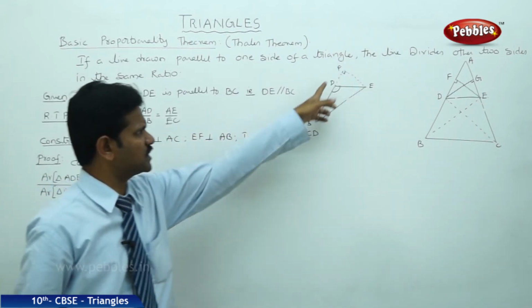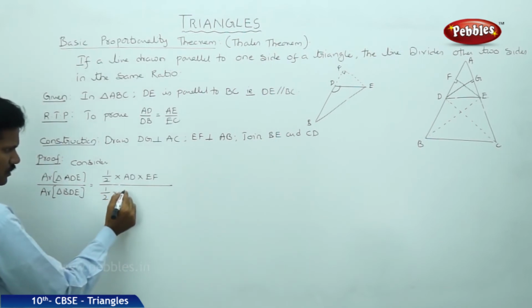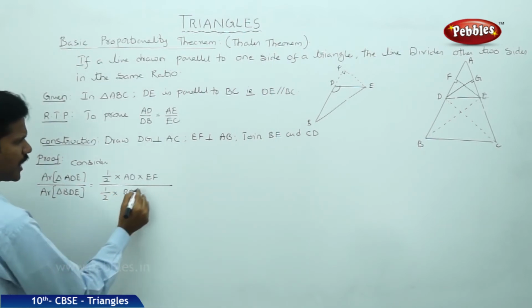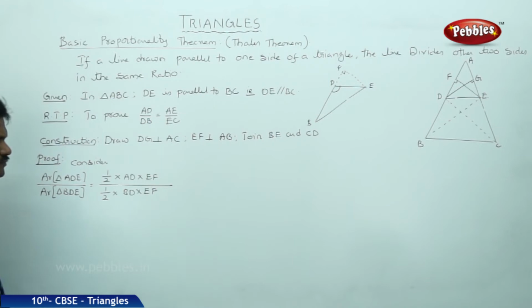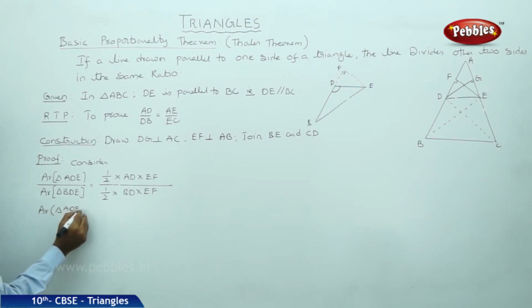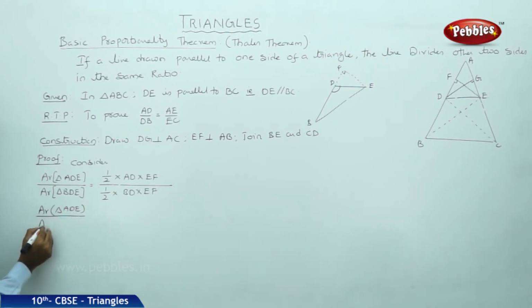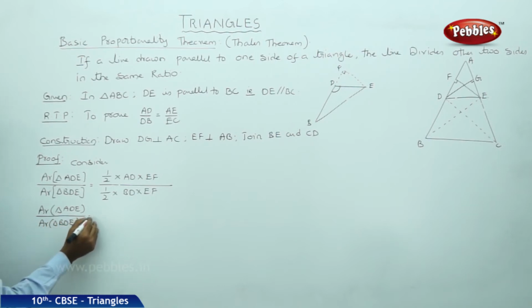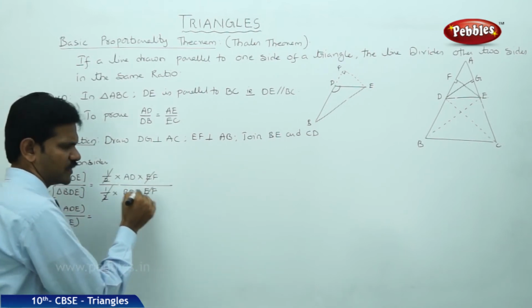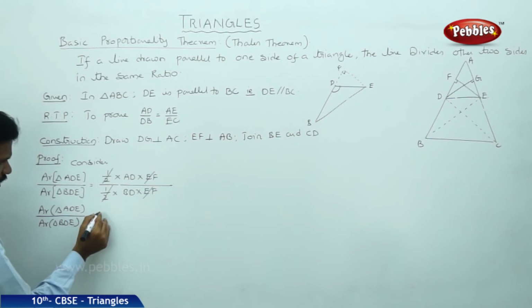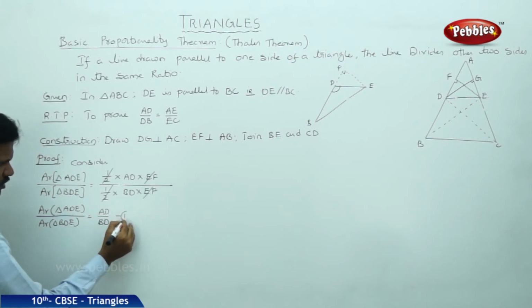Therefore the base is BD into height EF. Therefore area of triangle ADE by area of triangle BDE is equal to half into AD into EF by half into BD into EF. Half gets cancelled and EF gets cancelled, that is AD by BD. This is equation 1.